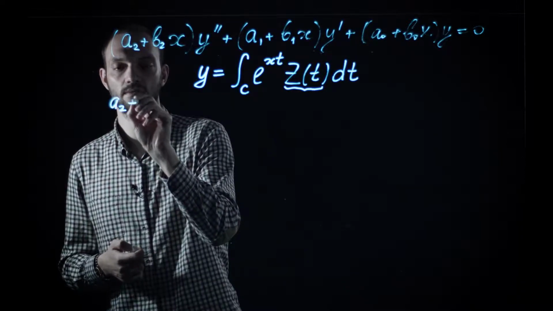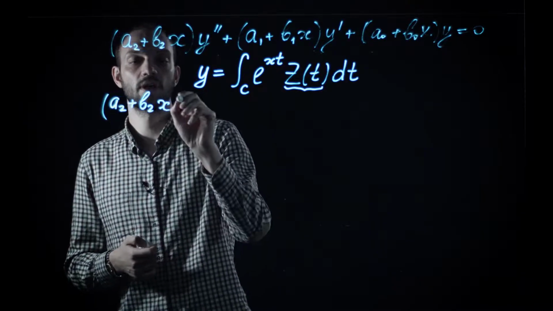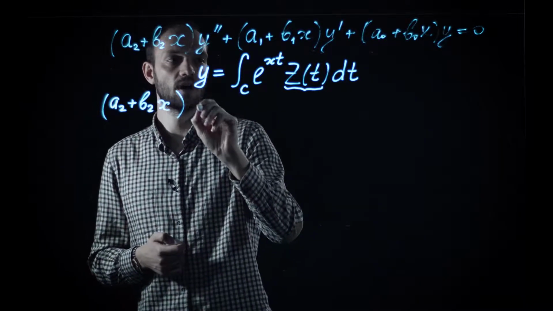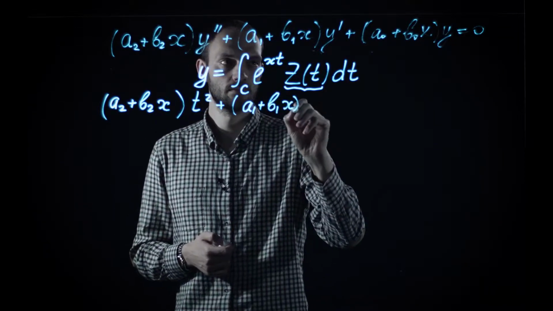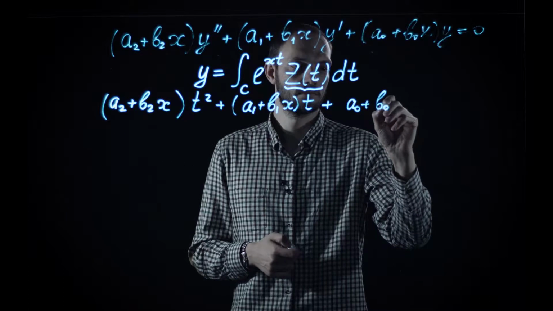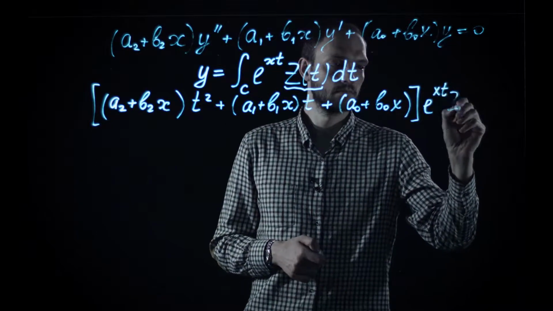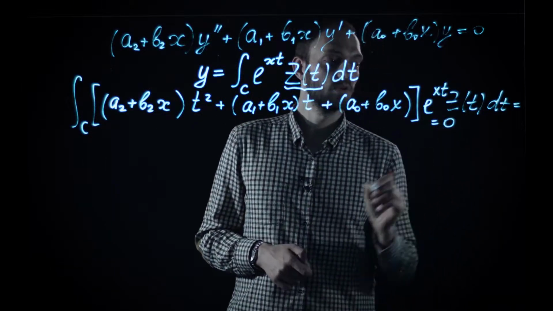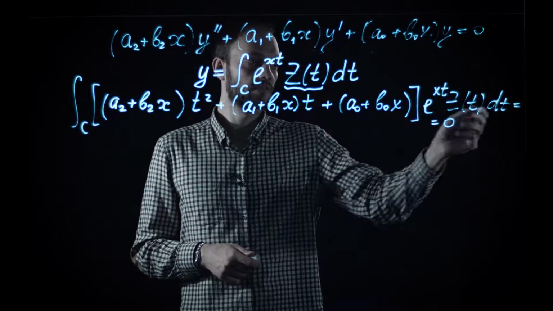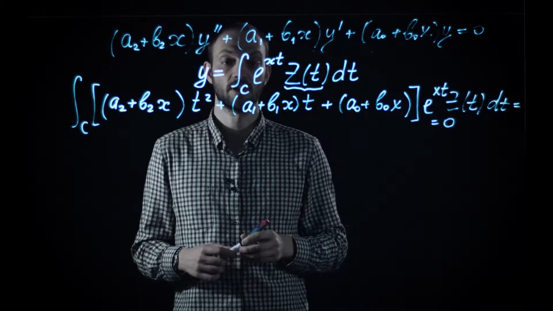Substituting this into our original equation, we arrive at this, with the requirement of this integral over the contour c, over dt, to vanish.